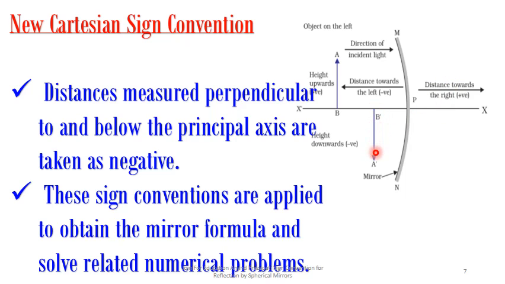On the left hand side we get the real image, so the height of the image will be negative in case of a real image. But in case of a virtual image, the image distance will be positive. So this is the simple story of the New Cartesian sign convention, and these sign conventions are applied to obtain the mirror formula and solve related numerical problems.